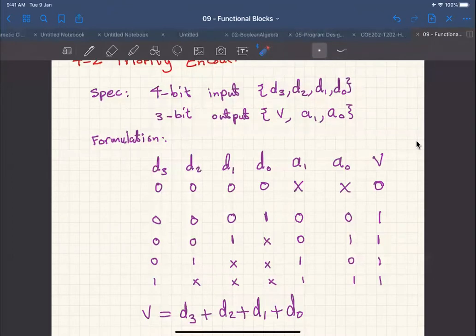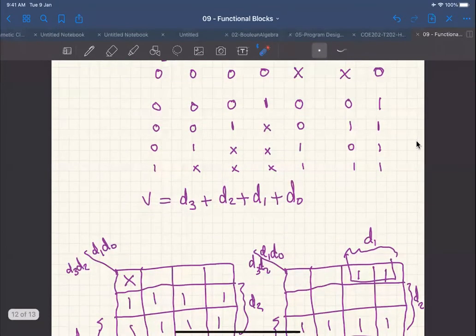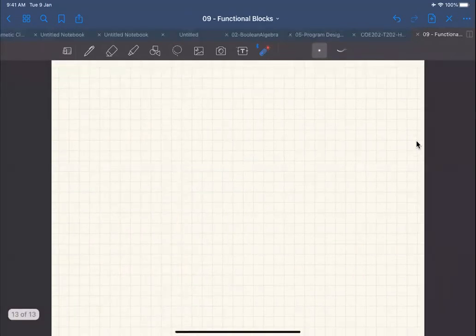Just assume whenever it's a priority encoder, the higher weight inputs have higher priority, unless otherwise specified.